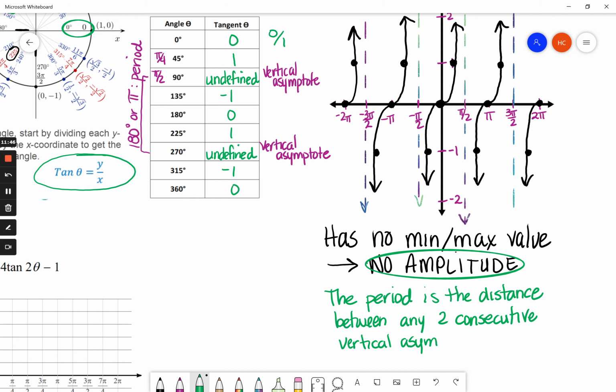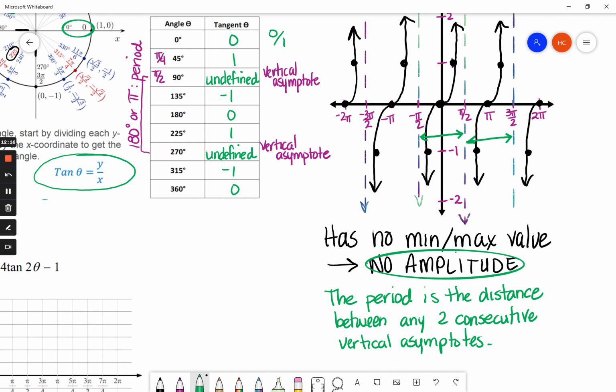However far those two vertical asymptotes are from one another, that's going to be the length of the period. So notice in our graph, I'll do it in green here, the distance from here to here is 180 degrees. The distance from here to here is 180 degrees, or pi radians. That's what I mean by that.